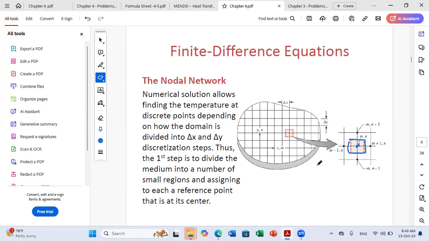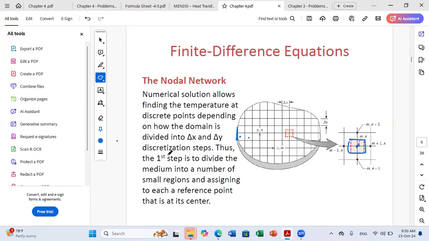For example, at the surface here, if I have an imposed temperature, I can say the temperature at this face is known, and I use it as a boundary to solve for the temperature at this node, then at this node, etc. So the numerical solution will allow finding the temperature at discrete points, depending on how the domain is divided into delta x and delta y discretization steps.